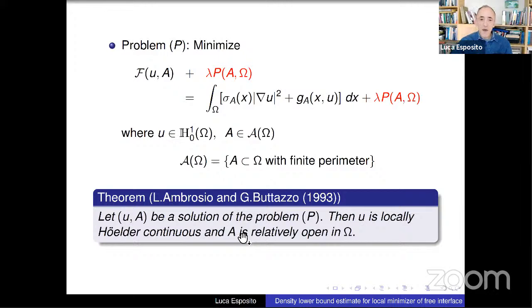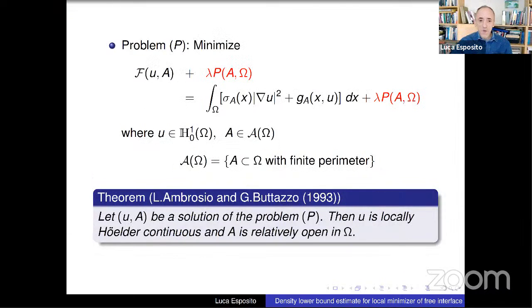But in the same year, Fanghua Lin proved also the regularity of the interface for the same functional, but without source term, that in any case is a lower order term.